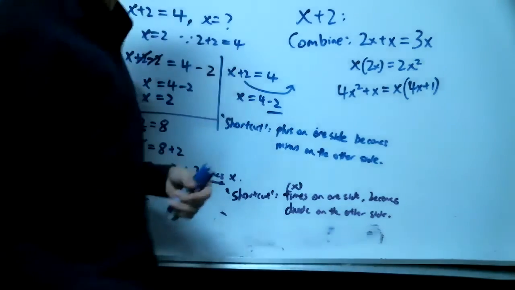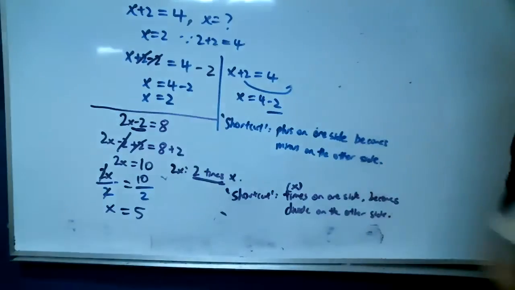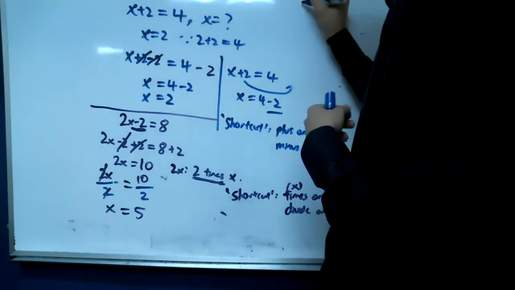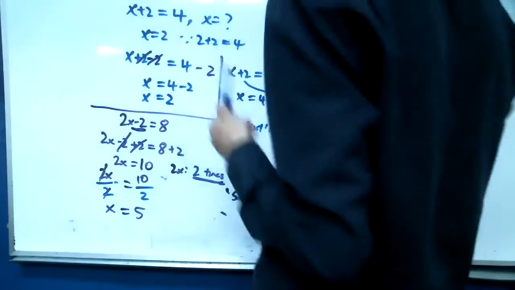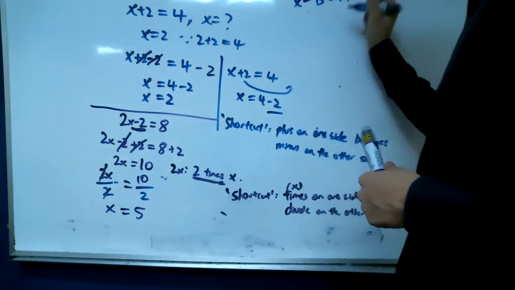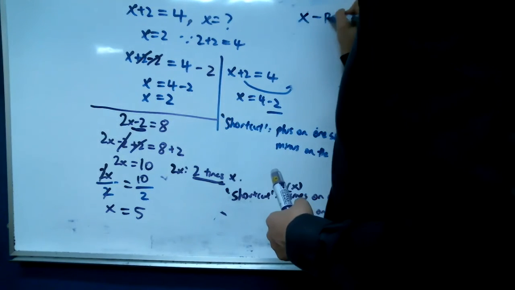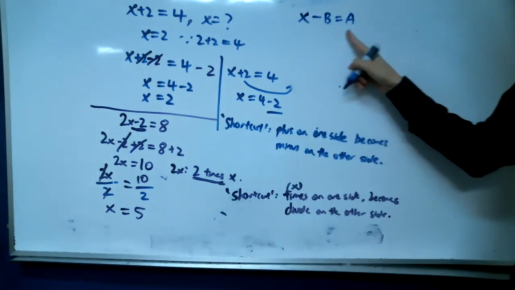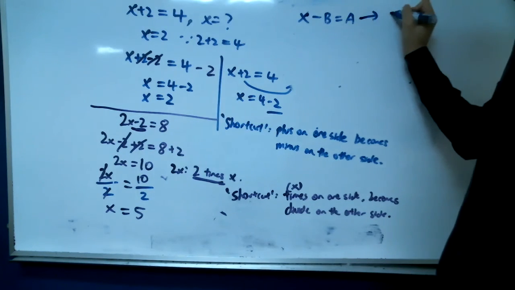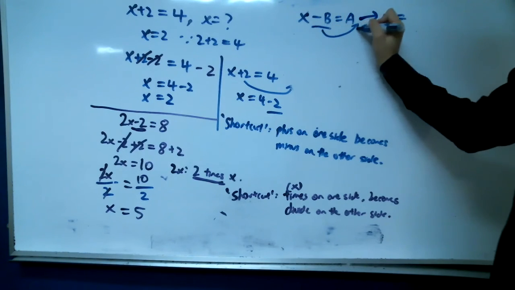So in summary, for this lesson, if we have this equation, x minus b equals a, and I want to find just x, that means I'm moving this minus b to the right hand side.